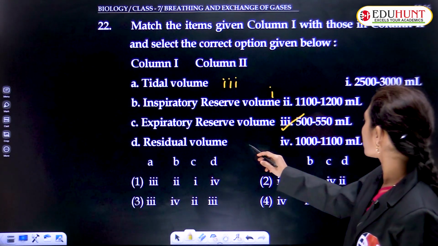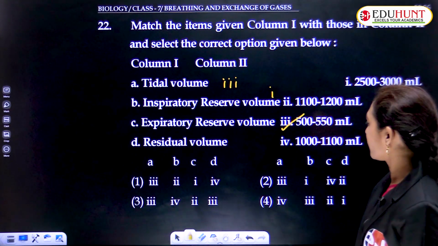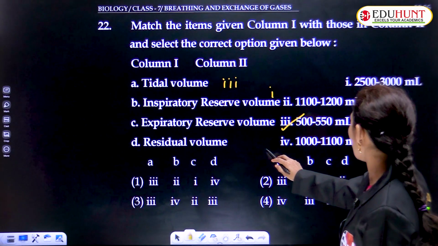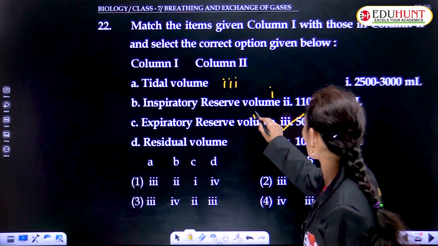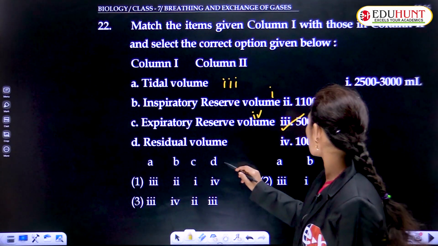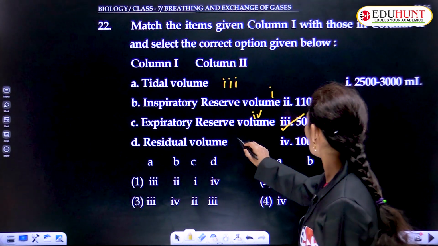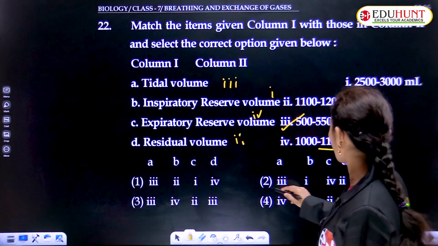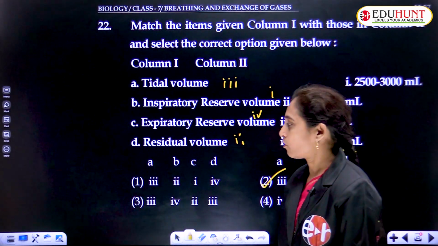Expiratory reserve volume is 4. This is 1000 to 1100 ml. And residual volume is 2. So 3142. Yes, this is the correct option.